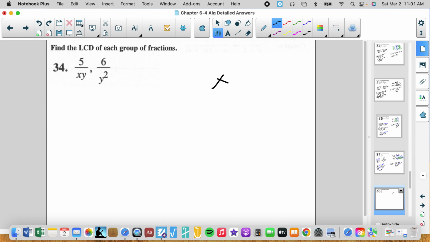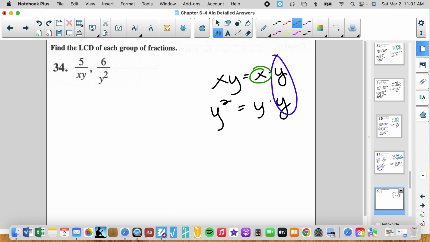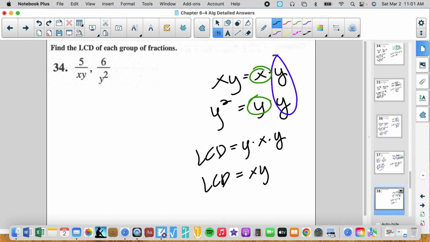Hopefully you see that. xy, prime factorization, y squared. This is what they have in common. These are the leftovers. LCD, y times x times y. Least common denominator is xy squared.